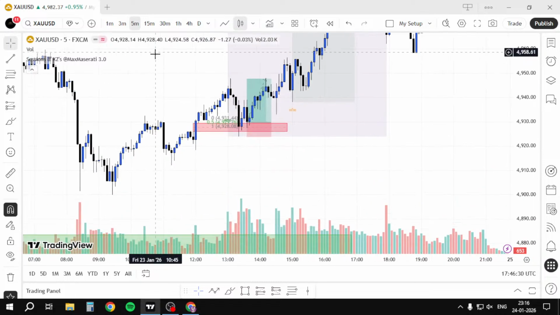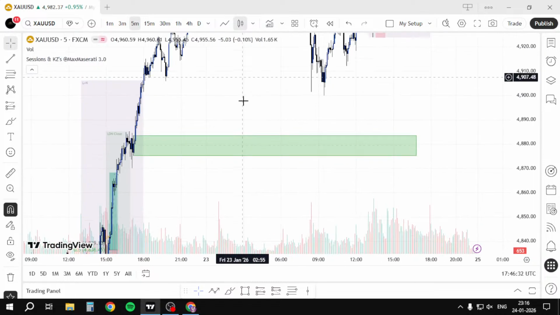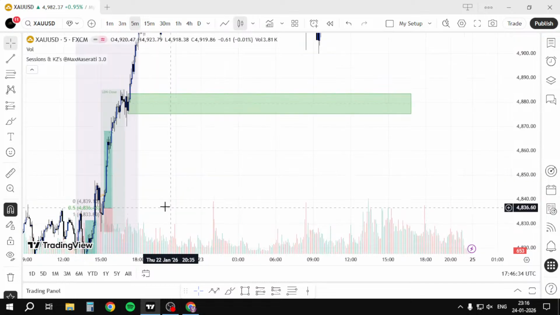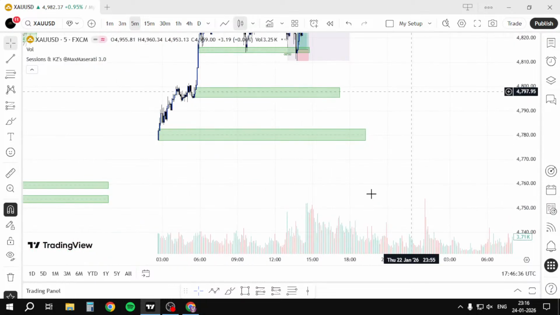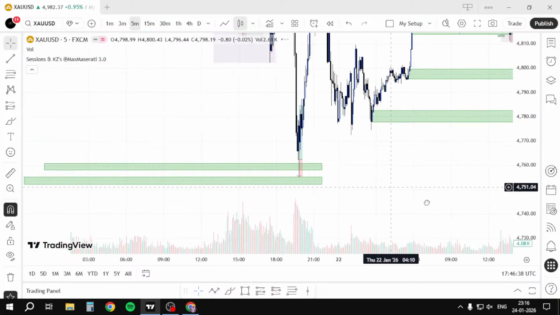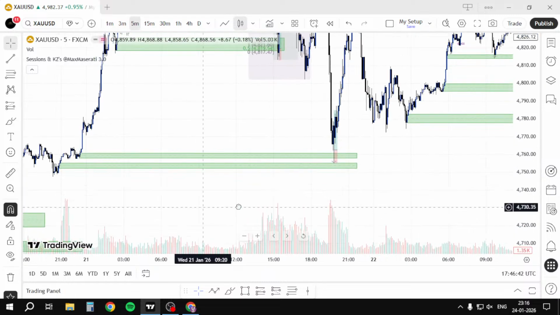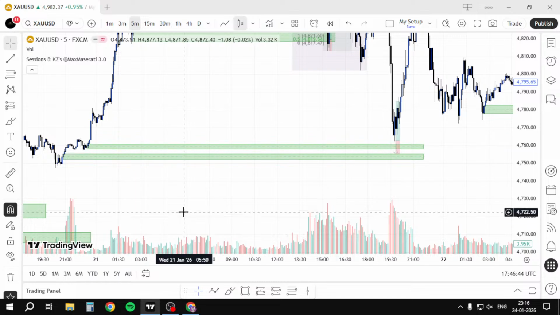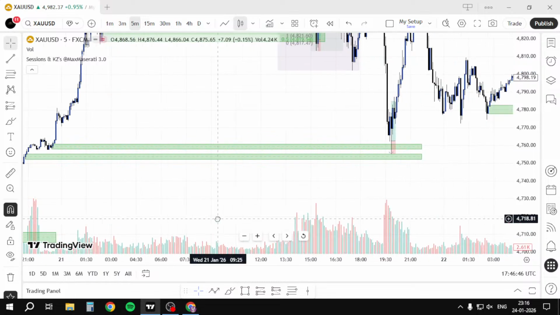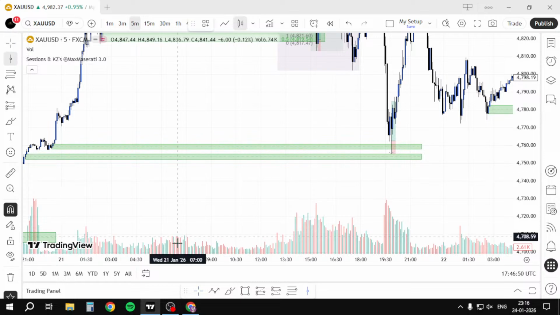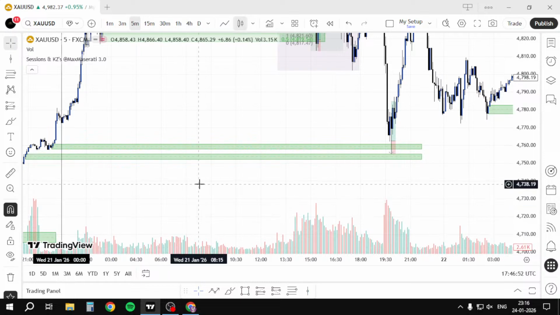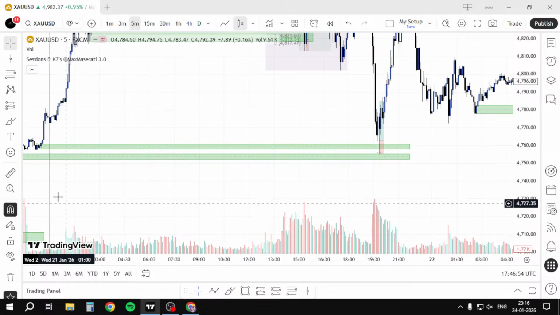Now see why I said to add this volume indicator. Look at this. Don't look at the charts, look at the volume bars. Here a new day starts. Let me put a vertical line so you can understand this.